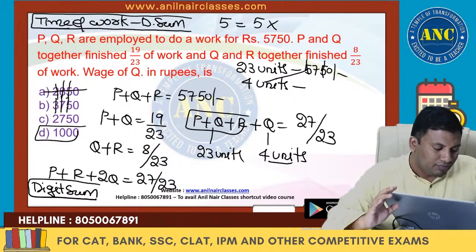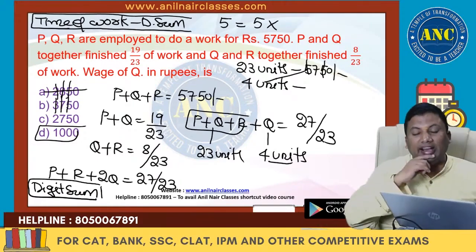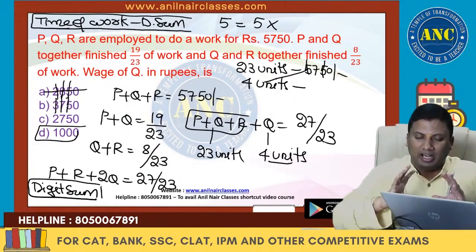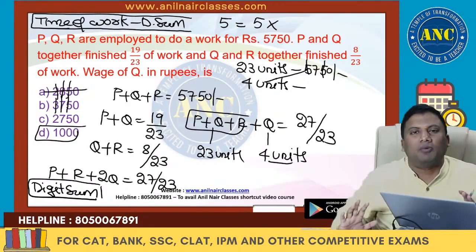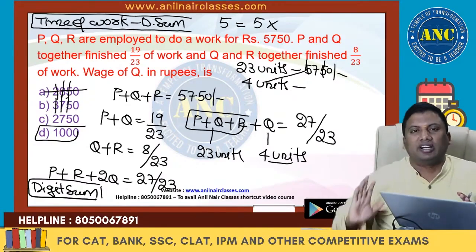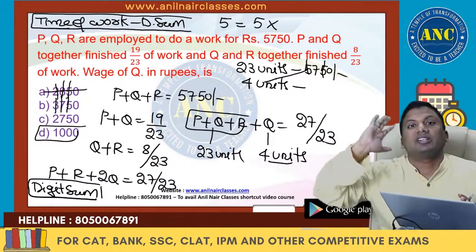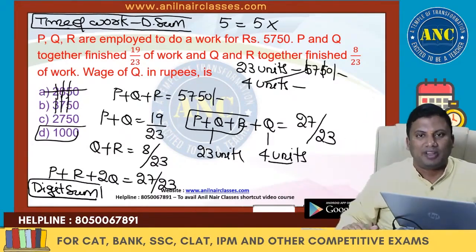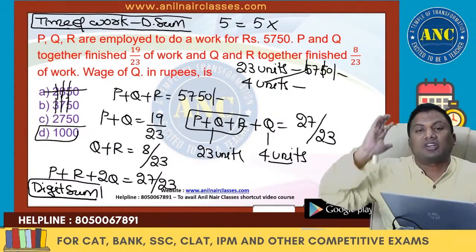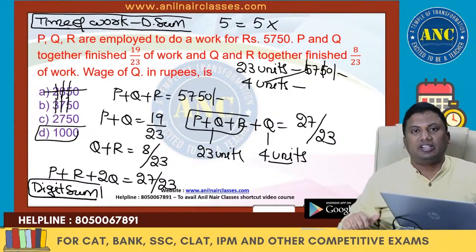I hope the idea is clear. Again I am explaining, most of the time and work problems I will solve using digit sum. Time, speed and distance I will solve using digital sum. Averages, mixture I will solve using digital sum. Arithmetic, wherever the numerical values are there, I will make use of digit sum.